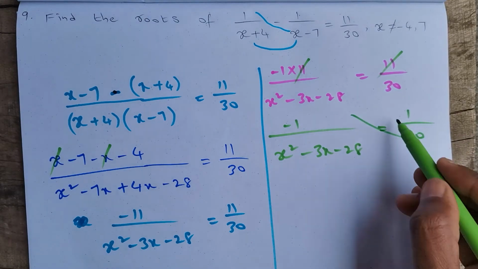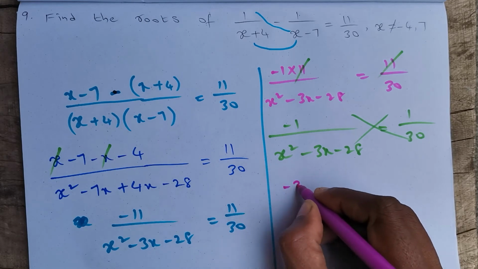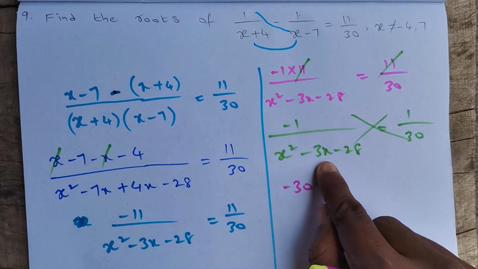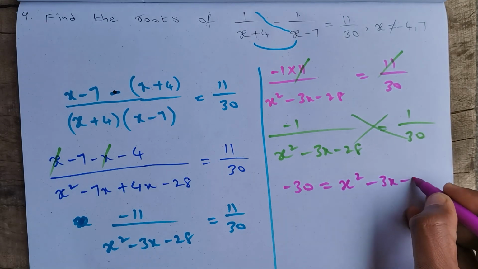Now if we do cross multiplication, 30 into minus 1, minus 30, is equal to x square minus 3x minus 28 into 1, x square minus 3x minus 28.